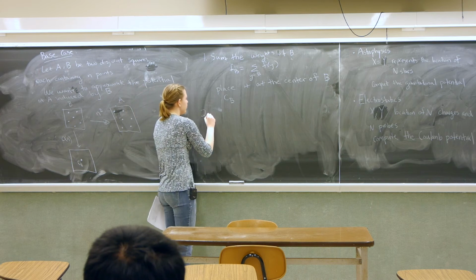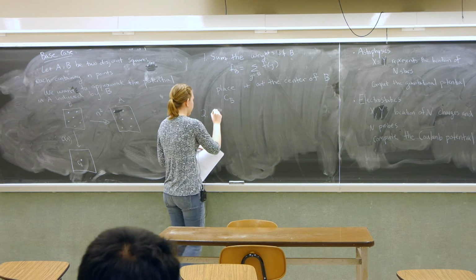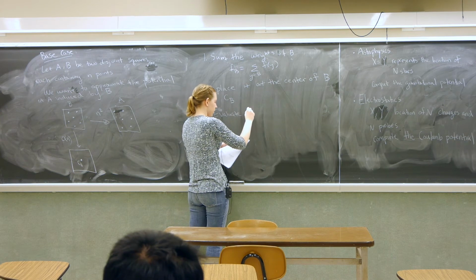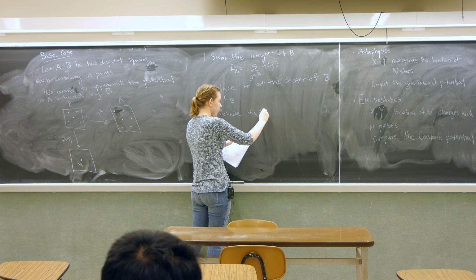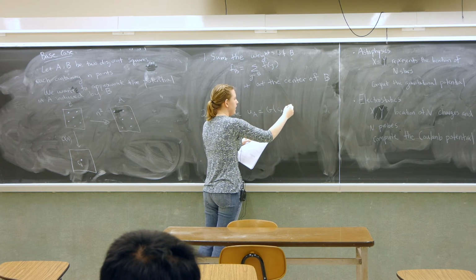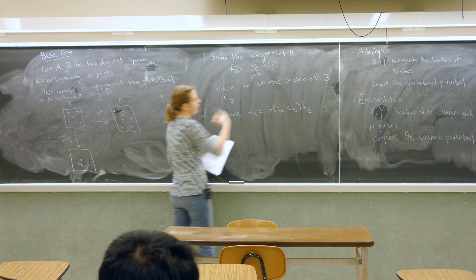All right, then step 2, we evaluate UA, which will just be the kernel at the center, CA, CB, times the thing that I just calculated, FB.